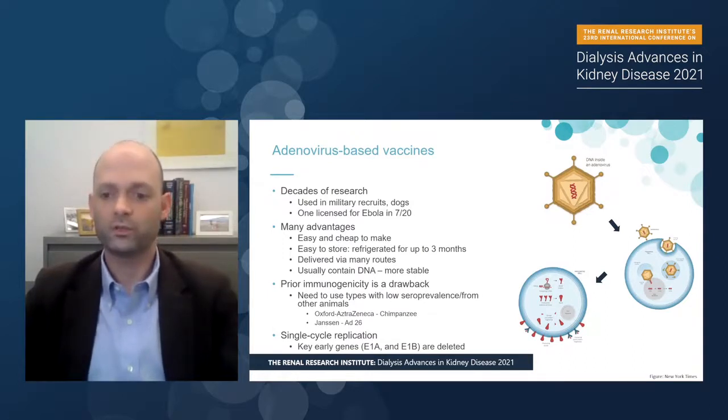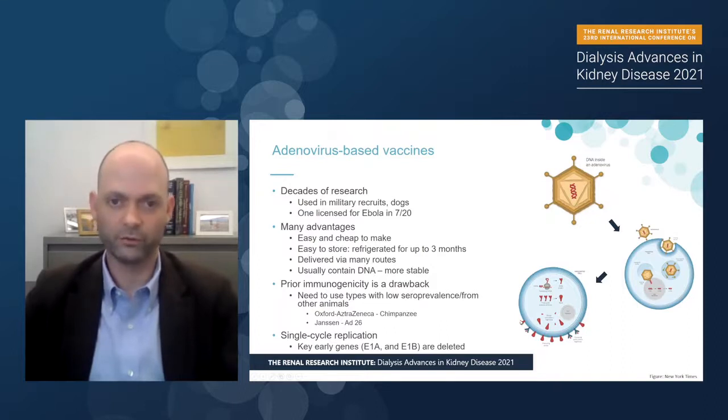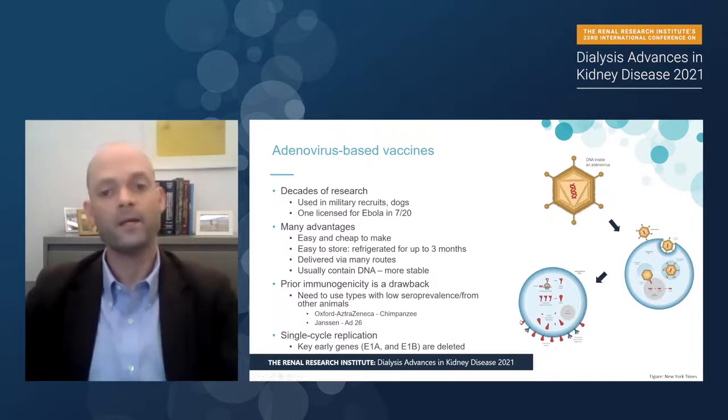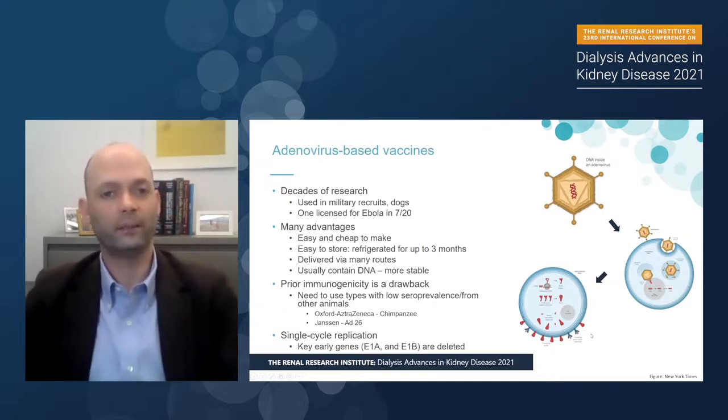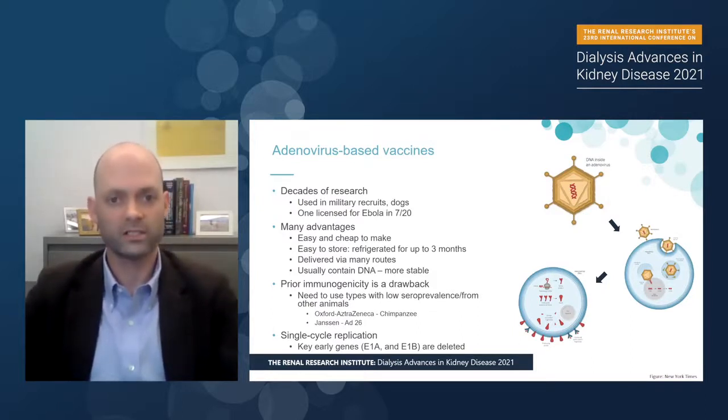Once the cell produces spike protein, it makes its way to the cell surface, ready to be recognized by the immune system and elicit an immune response. In some ways, it's just like the mRNA vaccines. Instead of a lipid nanoparticle to deliver the genetic material, the nucleic acid of your choice, this is an adenovirus. So once you think about that, it's a very similar technology and overall concept.